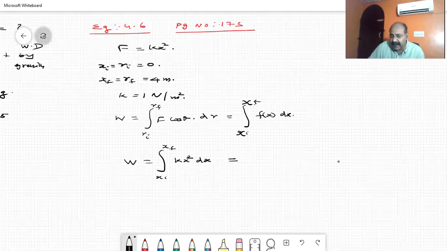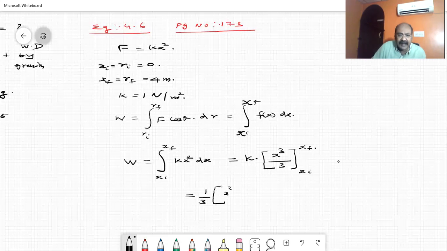When you are taking this kx square dx, k cannot be integrated, so k is taken out. When you are integrating x square, you will get the answer x cube divided by 3 within the limit xi to xf. So I can write the value of k as 1, taking the 3 outside, 1 by 3, then x cube within the limit 0 to 4.